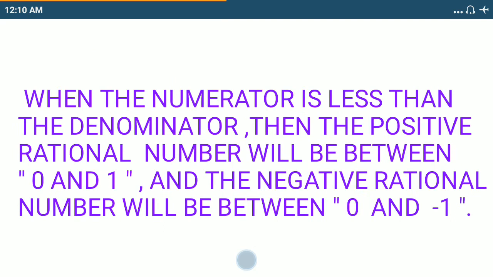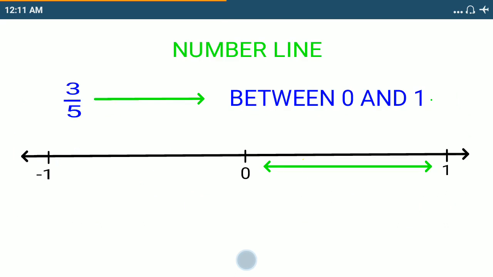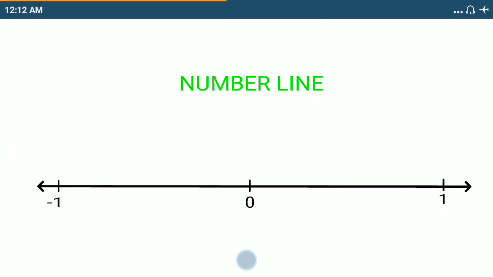When the numerator is less than the denominator, then the positive rational number will be between 0 and 1, and the negative rational number will be between 0 and -1. Students, here 3 by 5 is a positive rational number, therefore it has to lie somewhere between 0 and 1. So we draw the number line like this.